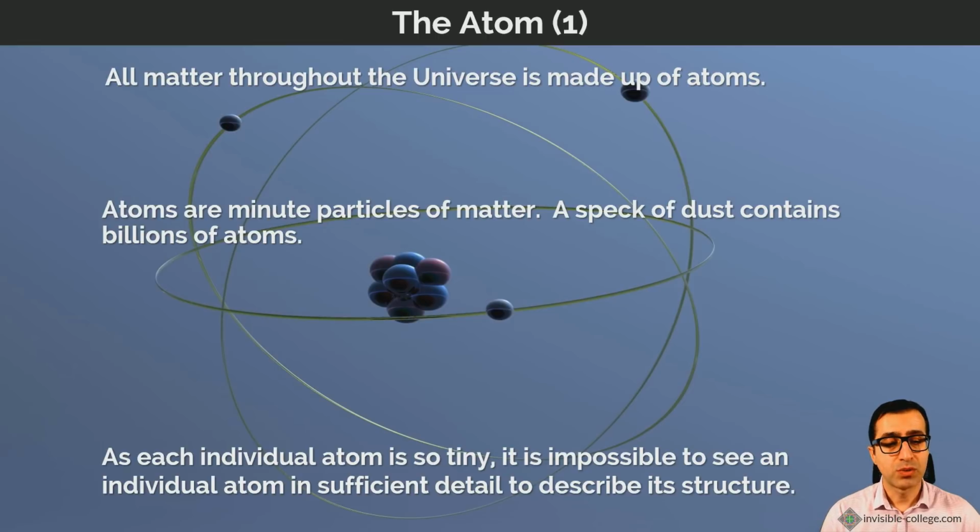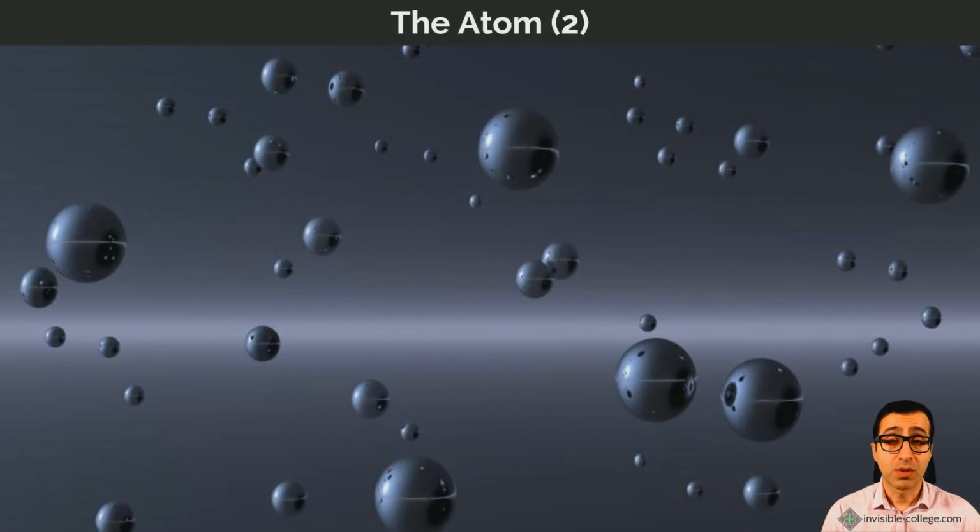So we need to be able to detect atoms through various physical experiments, and that's what we're going to be looking at, how these various models of the atom evolved over time as a result of evidence acquired through various experiments in physics.